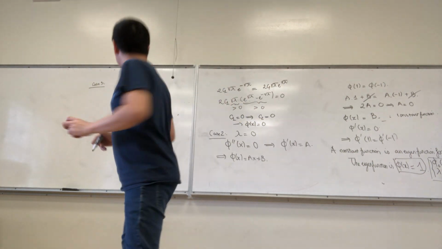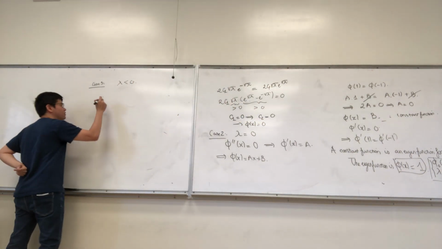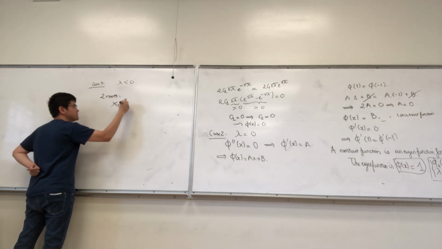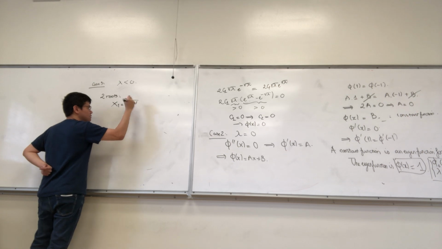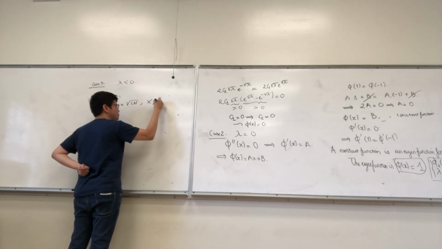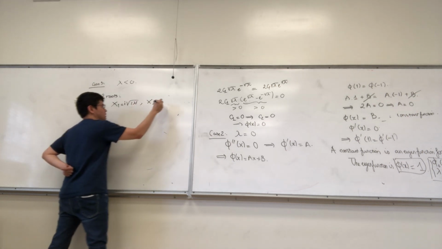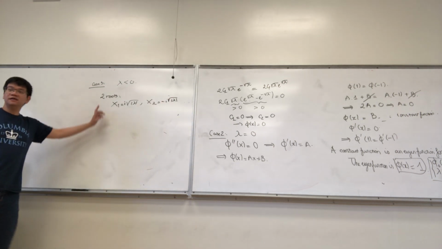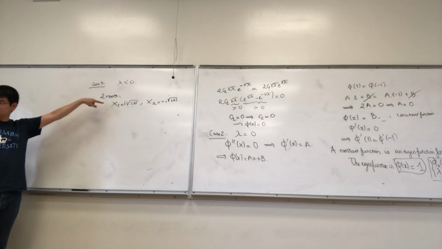So when lambda is negative, you're going to have two roots, right? x1 is i times the square root of the absolute value of lambda, and x2 will be minus i times the square root of the absolute value of lambda. So these are the two solutions in this case.